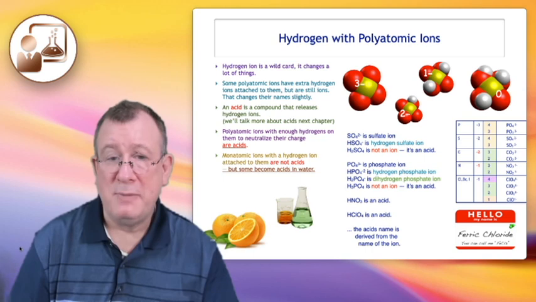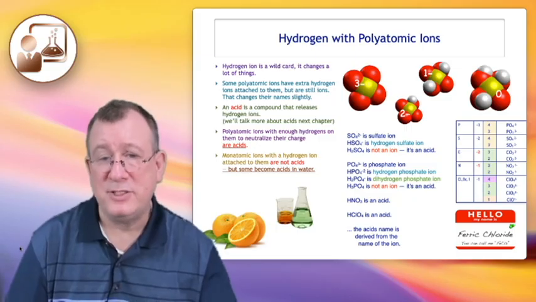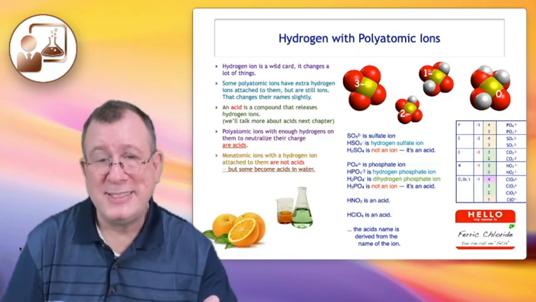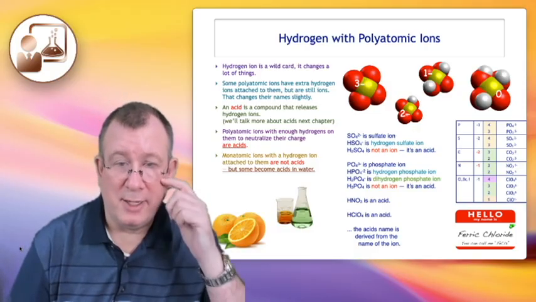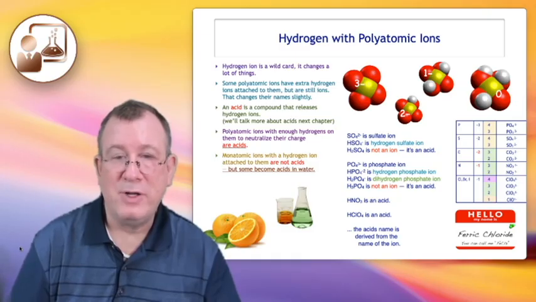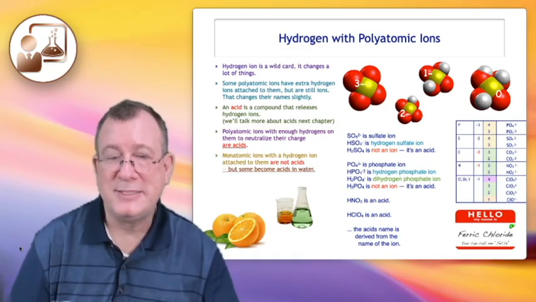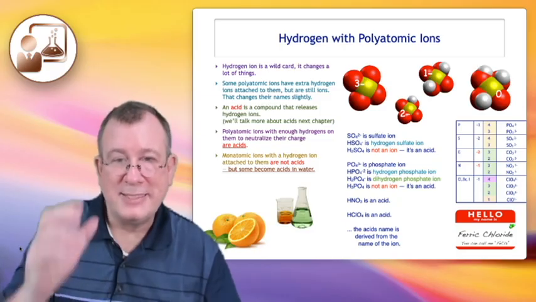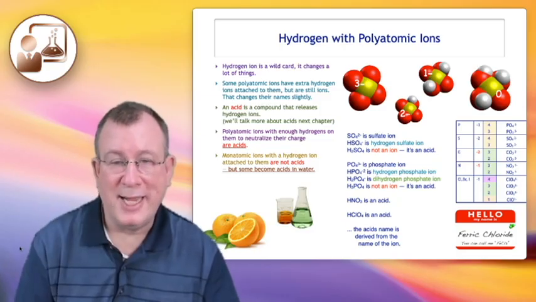It's H2PO4 1-, and I need to differentiate it from hydrogen phosphate ion. That one's got two hydrogens on it. That is the dihydrogen phosphate ion. If I add a third one onto it though, now I form a substance that pure and by itself, H3PO4 neutral, that substance is phosphoric acid.